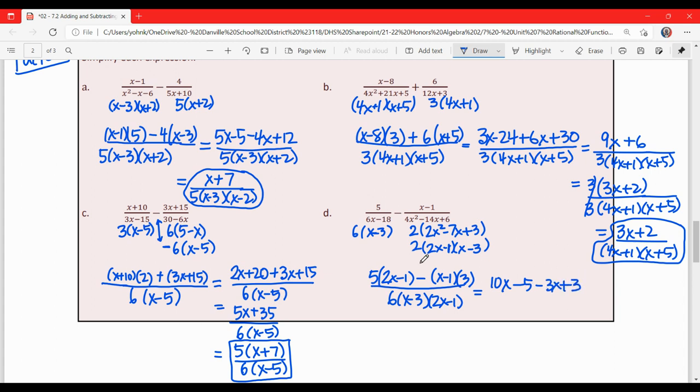Make sure you watch that subtraction that you distribute. Then on the bottom we have 6, x minus 3, 2x minus 1. All right, let's combine like terms. We got 7x minus 2 over 6 times x minus 3, 2x minus 1. And it looks like that's all we can do.